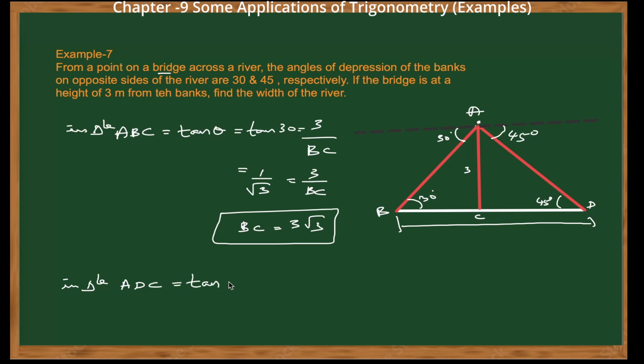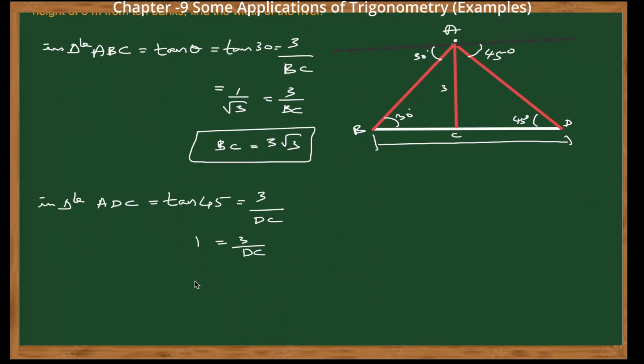So we can directly put tan 45 is equal to the perpendicular, which is given as 3, divided by DC. Okay, DC or CD. So tan 45 you know is 1, equal to 3 divided by DC. Okay, so DC is equal to 3. So we have the value of DC, which is equal to 3.